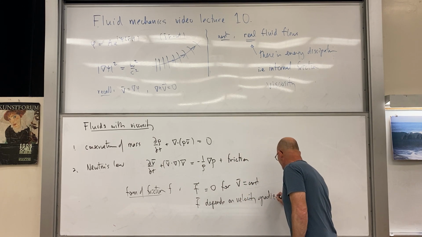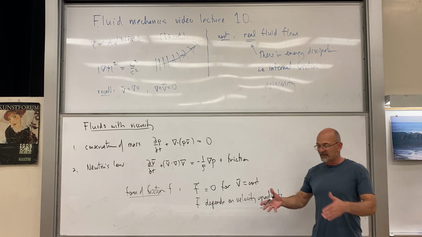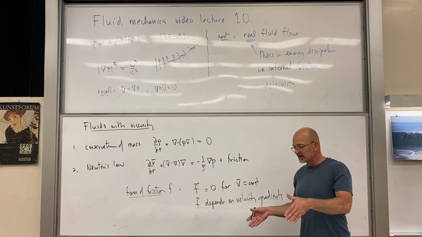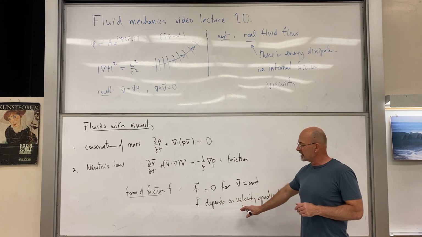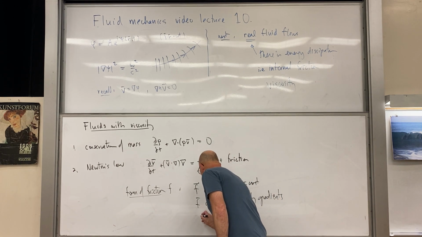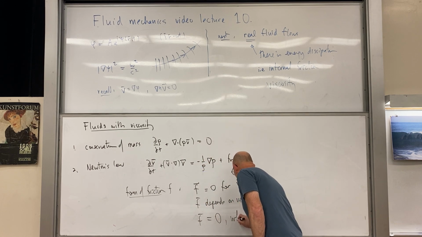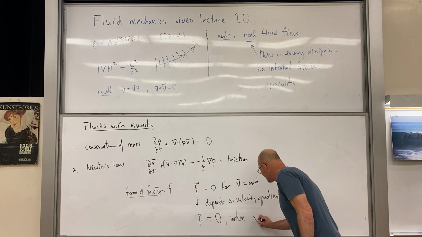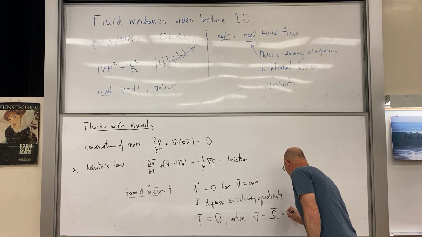And here's one that we've dealt with before, the rotating bucket. So if the velocity field is a uniform rotating bucket type of flow, then there will be no friction either. So F is equal to 0 when v is equal to omega cross r.